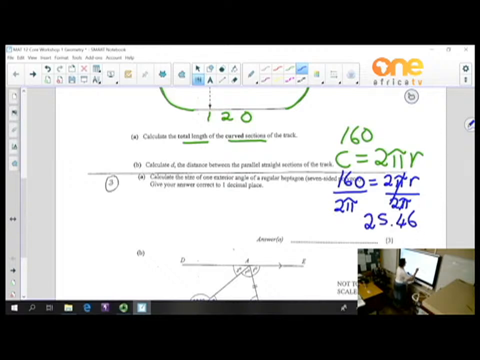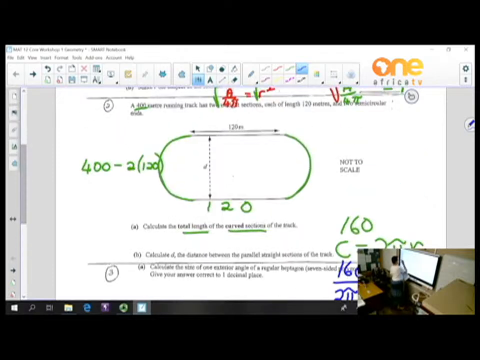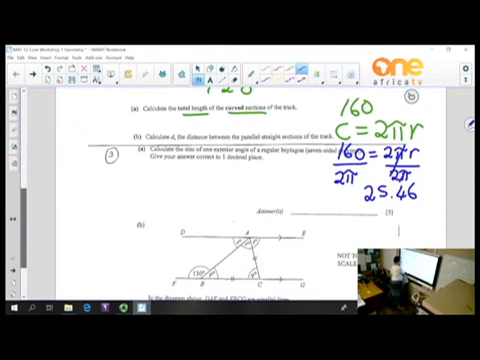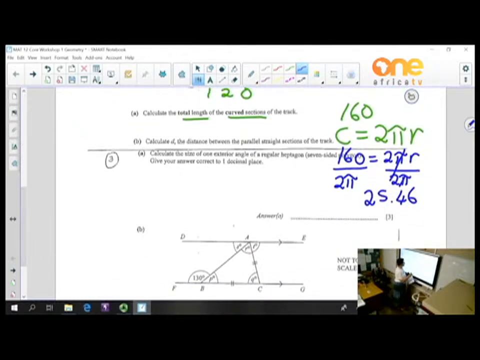But now remember, this is the radius, and we want the diameter, so we'll have to multiply that radius by 2. So the final answer for this one is then 50.9. That is the final answer there for number 2B.